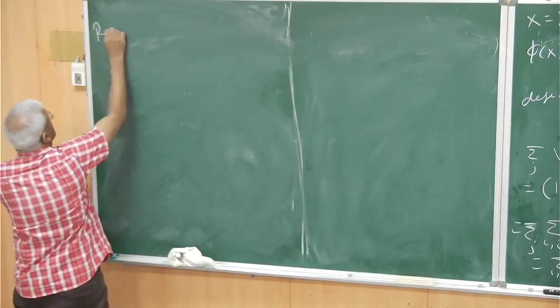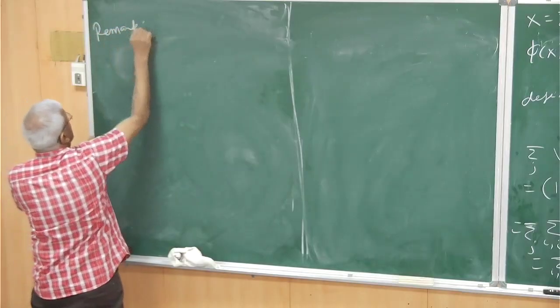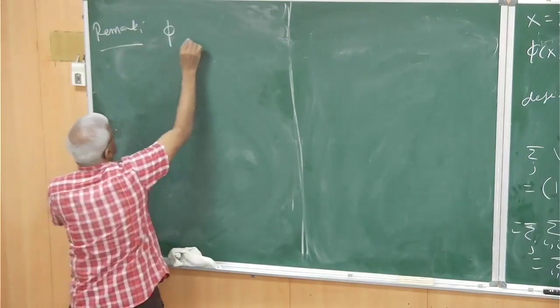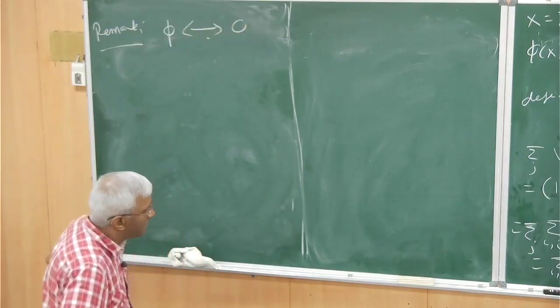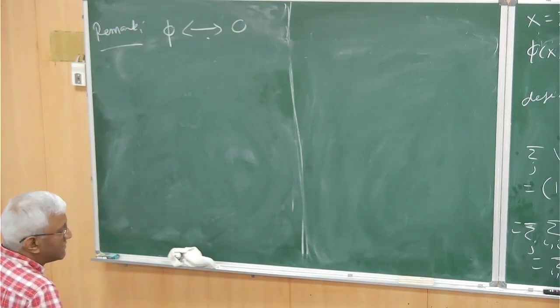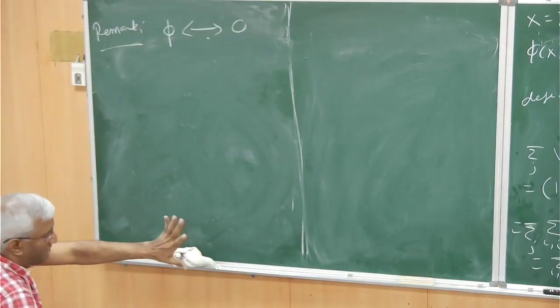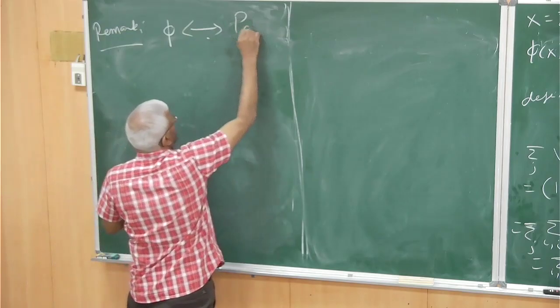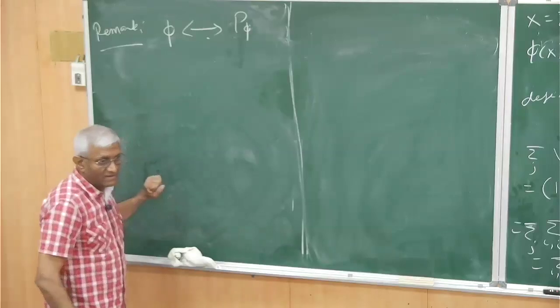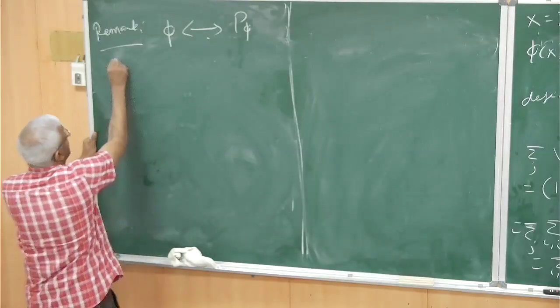So this is a remark. This map phi going to... I should have used a different notation. I used this P for that thing. Let me call that thing P phi. This is better.